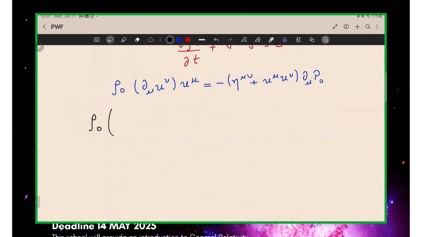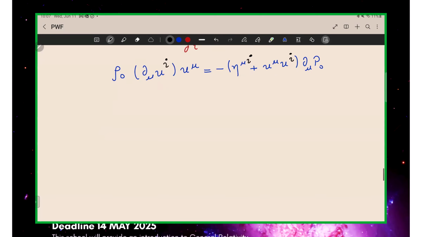This equation has a free index called nu. Let's confine ourselves to the spatial component only. So let's take nu equals i. Okay, good. Now what does it give you? It gives you the following.